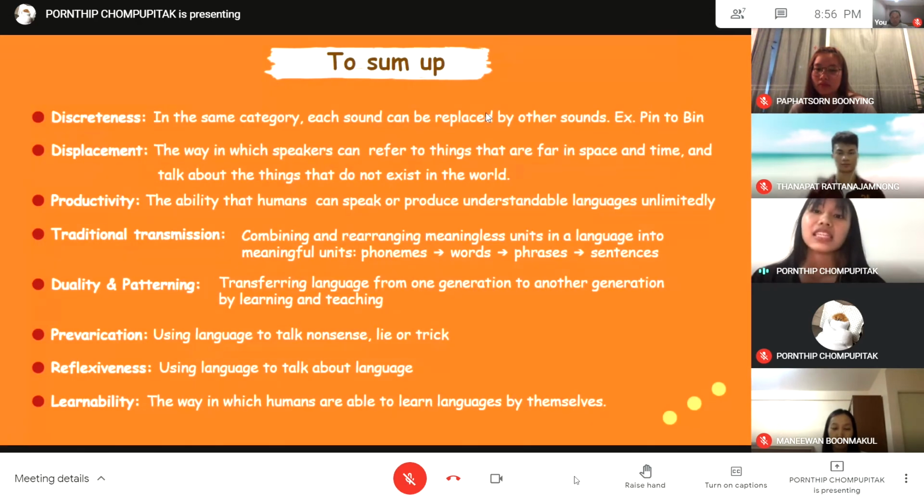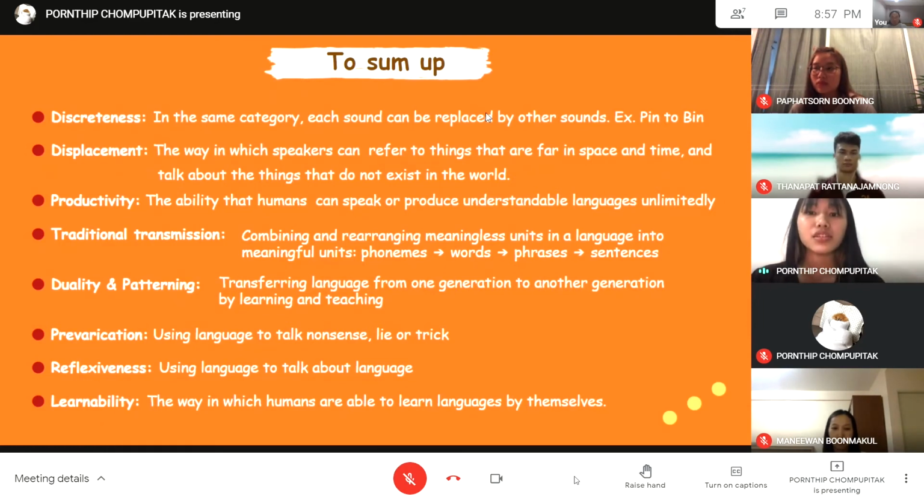And now let's sum up what we have learned today. Today we have learned 8 features of Hockett's design features. First, discreteness. Discreteness is the way in which, in the same category, each sound can be replaced by another sound. For example, pin to bin. Second, displacement.